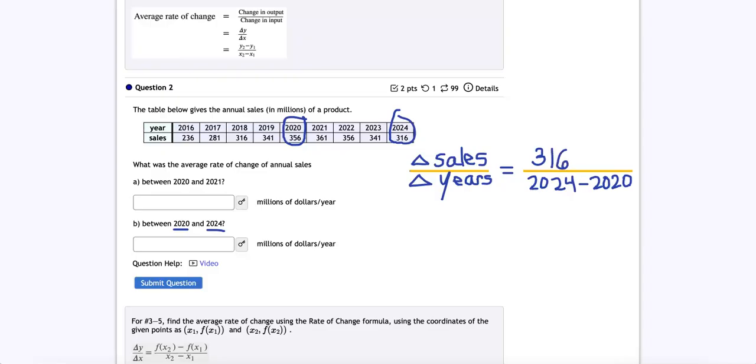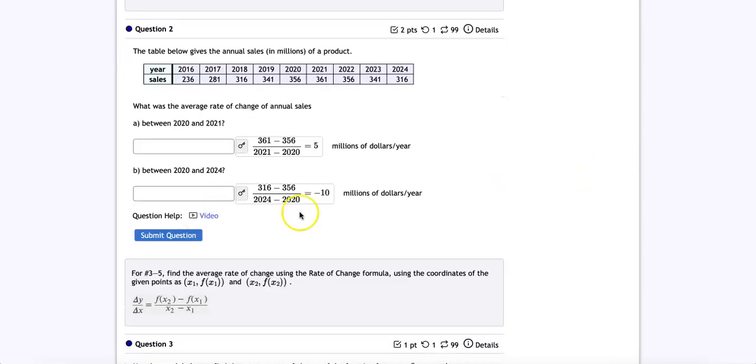And then 356 will be listed second because it corresponds to 2020. Okay, and so what that simplifies to is -10, because you have -40 divided by +4, which is -10, and the units that are included here are millions of dollars per year.